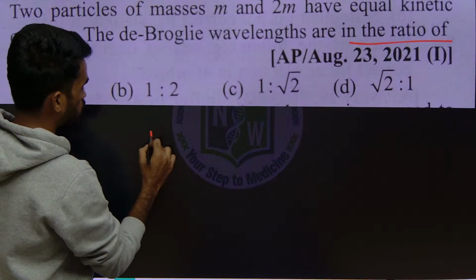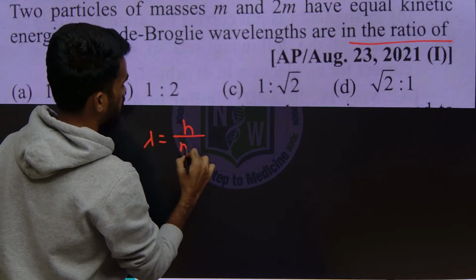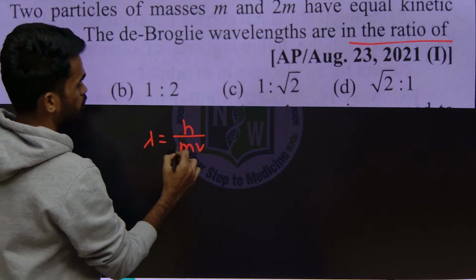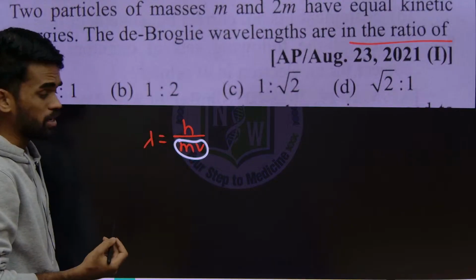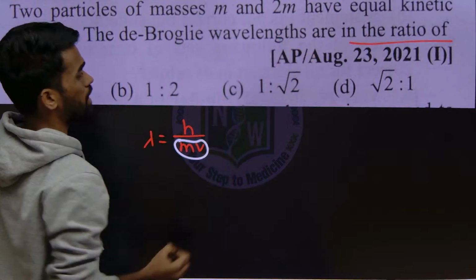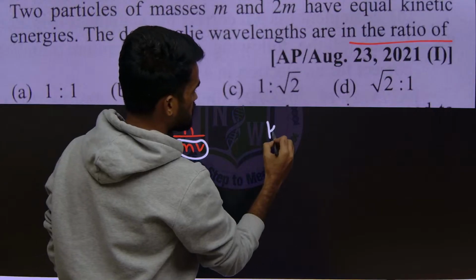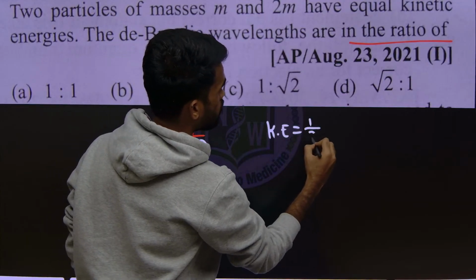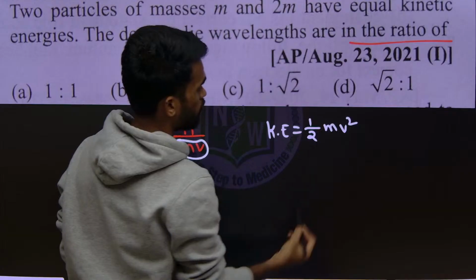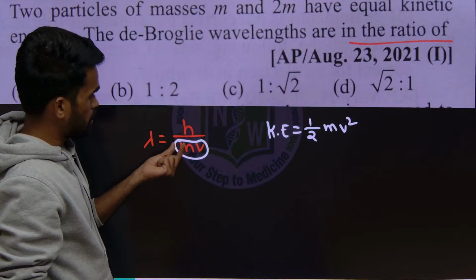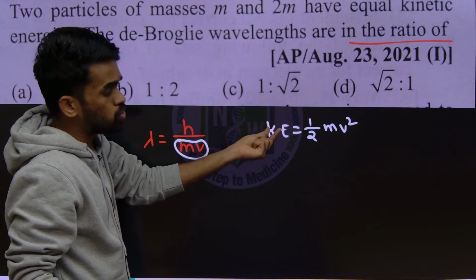See, lambda equals h by mv we got right now. So we know mv means momentum, right? So they are asking here in terms of kinetic energy. So we know kinetic energy formula K equals half mv square. From this I just remove this mv and I want to substitute with kinetic energy.